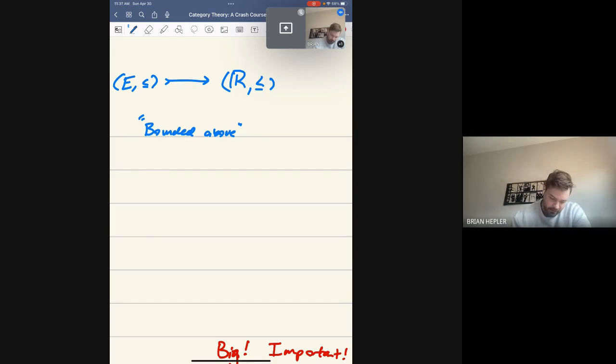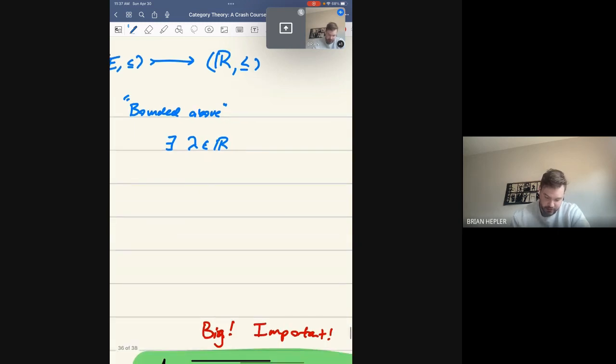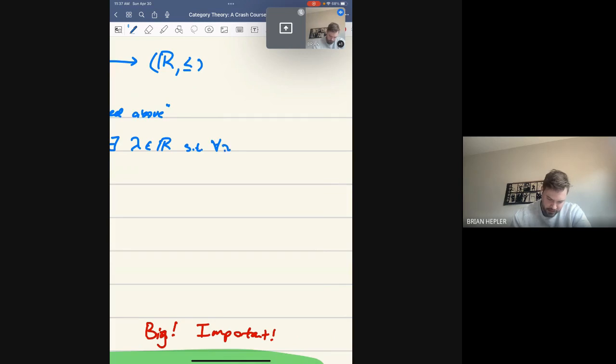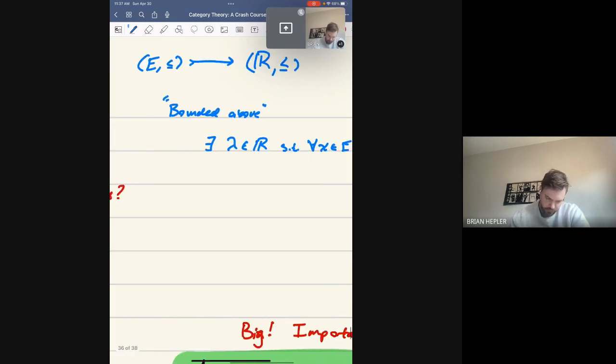So bounded above means that there exists some upper bound of the entire set. So there exists some number, say lambda in R, such that for all x in E, we have x is less than or equal to lambda. So that means that there exists an upper bound.